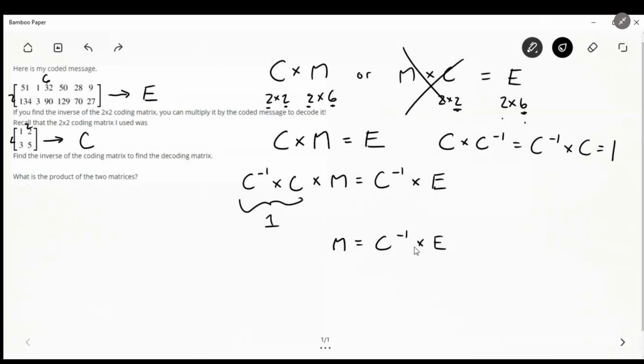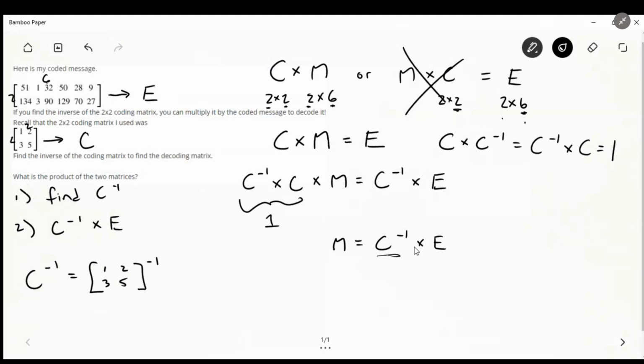So all we really need to do here is first find C inverse, and then second, multiply C inverse times E. So now that we know what we're doing, we could use the fact that C inverse just equals, and if you know how to calculate the inverse of a 2 by 2 matrix, then this is relatively simple.